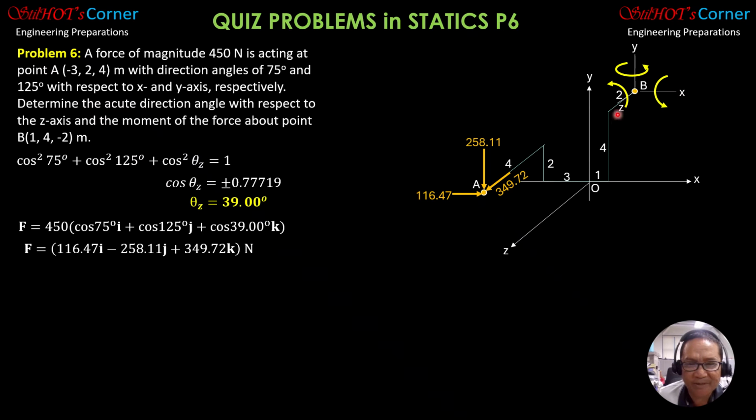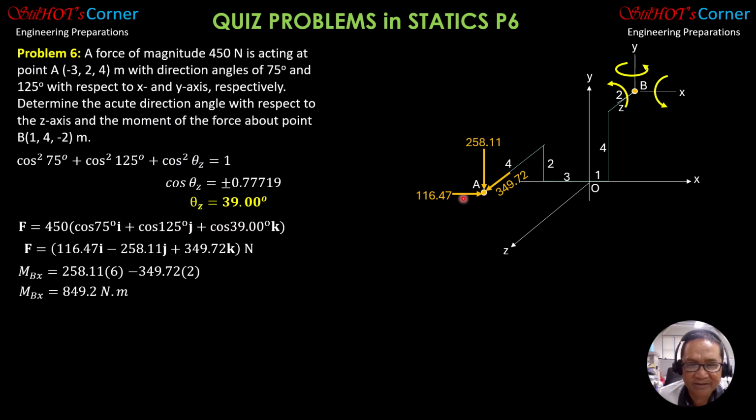So again, moment about x is 258.11 times 6, where 6 is 4 plus 2, then minus 349.72 times 2, where 2 is 4 minus 2. So M sub Bx is equal to 849.2 Newton meter.